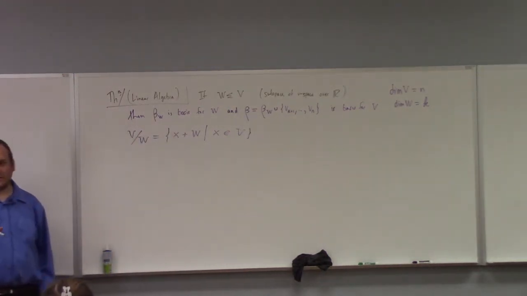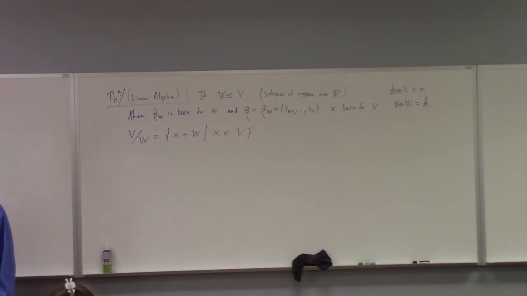You should recognize that if you divorce yourself from the scalar multiplication stuff, it's in complete agreement with what we're currently doing. It is nothing more than the coset space. It's the factor group with respect to the additive group structure that is implicit within any vector space.